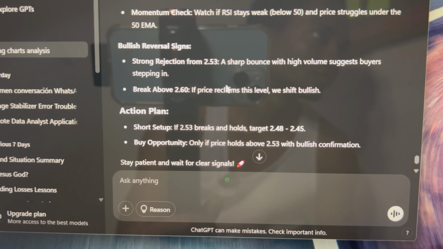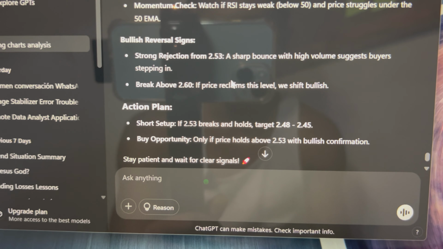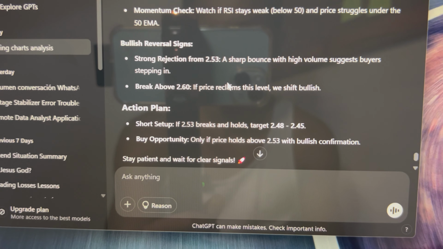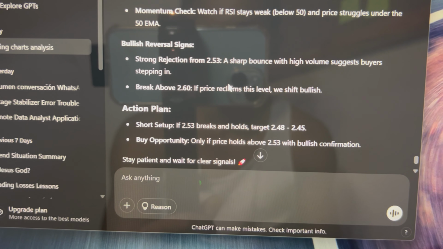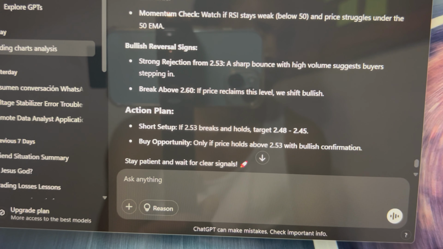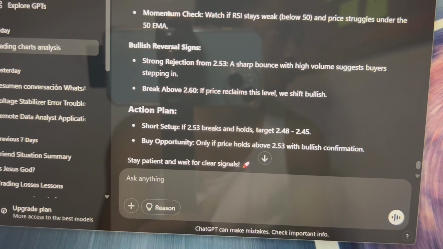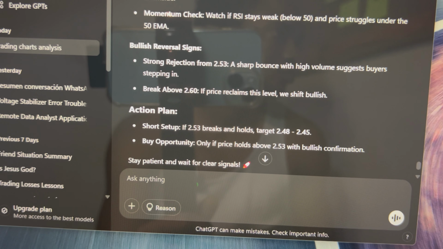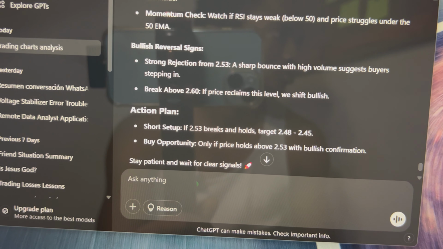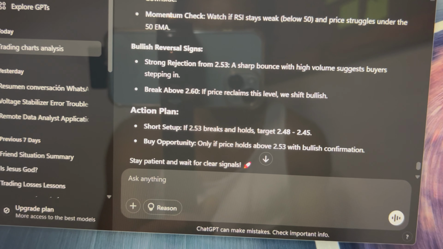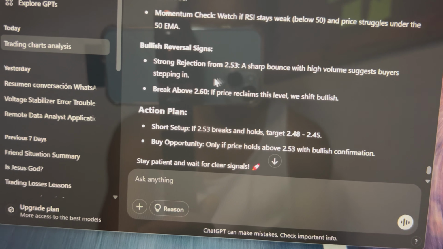A sharp bounce with high volume suggests buyers stepping in. Break above 260. If price reclaims this level, we shift bullish. Action plan. Short setup. If 2.53 breaks and holds, target 2.48, 2.45. Buy opportunity. Only if price holds above 2.53 with bullish confirmation. Stay patient and wait for clear signals.